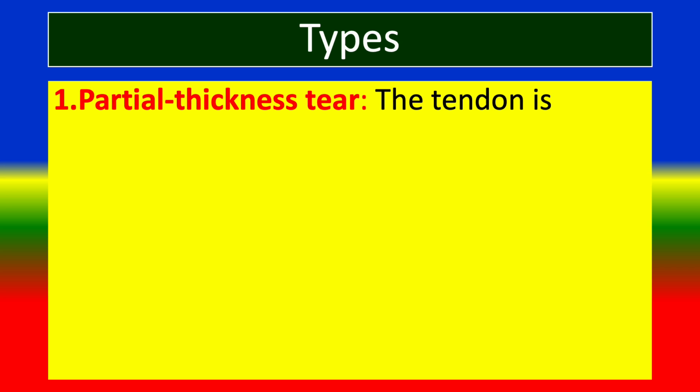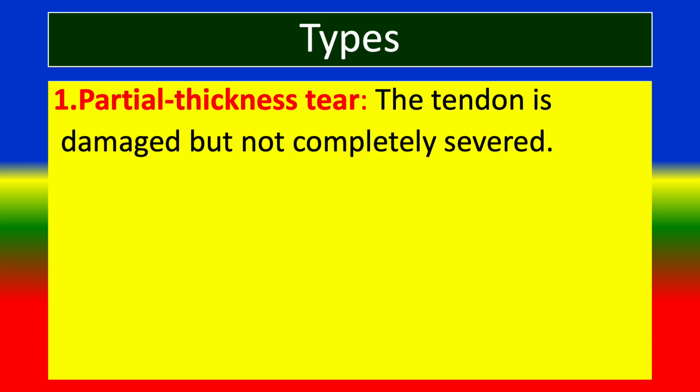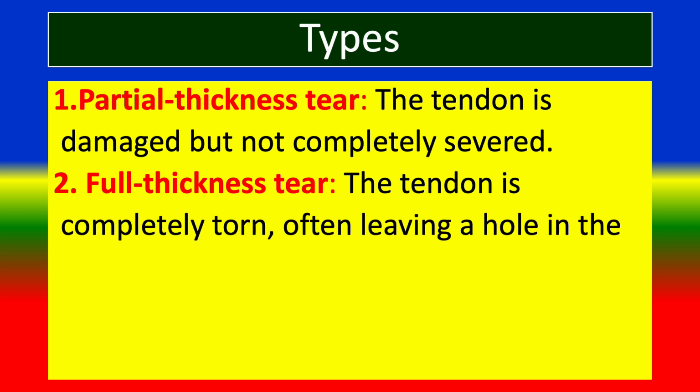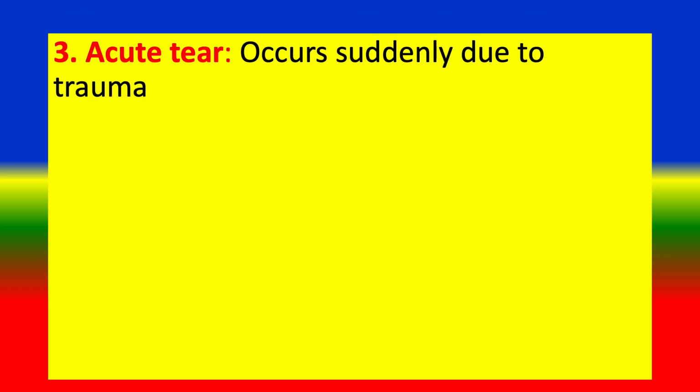Types. 1. Partial thickness tear. The tendon is damaged but not completely severed. 2. Full thickness tear. The tendon is completely torn, often leaving a hole in the tissue. 3.